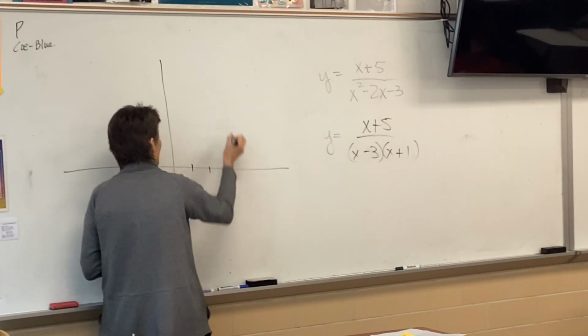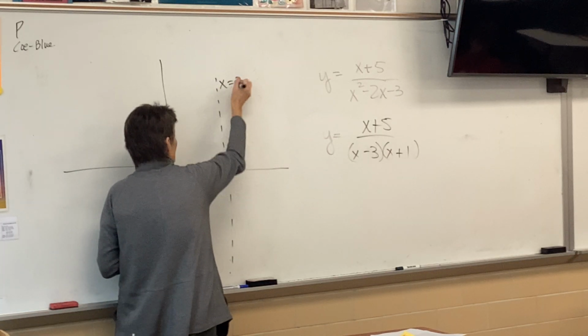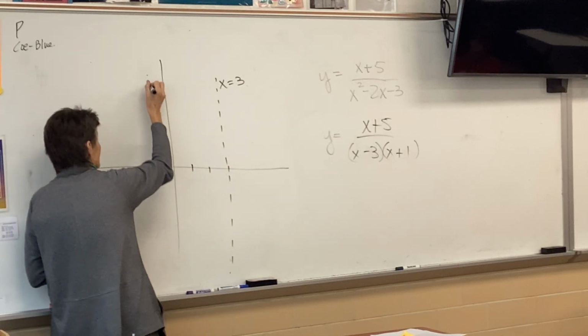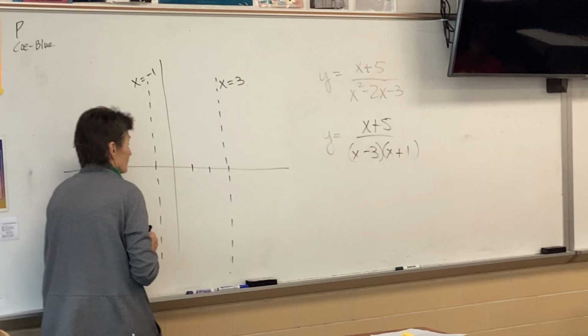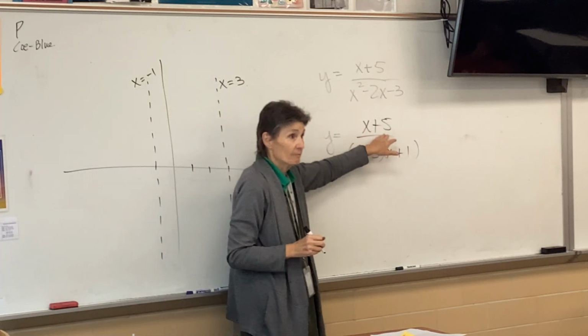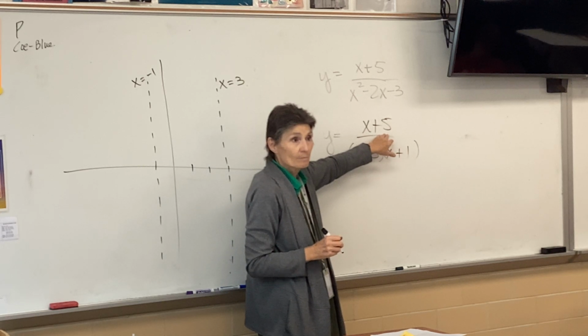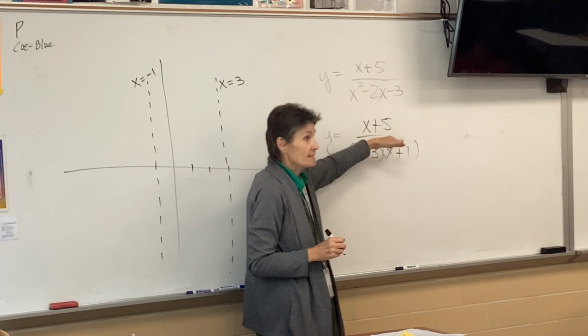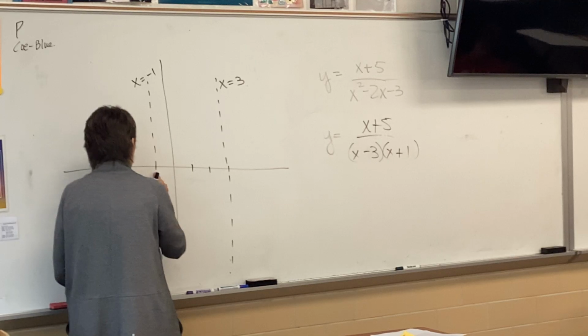So I have a vertical asymptote at 3, and a vertical asymptote at -1. Now, something's happening at -5. What is happening at -5? It's an x-intercept. X-intercept at -5.